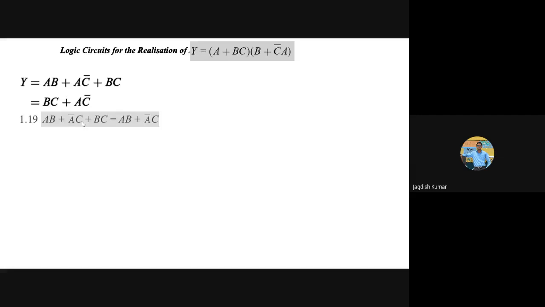Here we have used one of the theorems of Boolean algebra, theorem 1.19, which says that if we have AB or A complement C or BC, then that is actually equal to AB or A complement C. Here the things have been changed a little. Here it is C complement, here it is A complement. BC and BC are the same, AB is all the same.